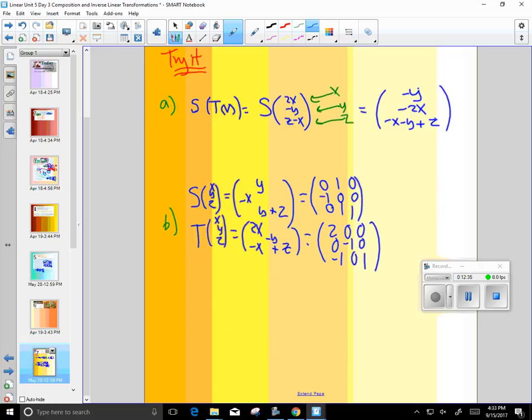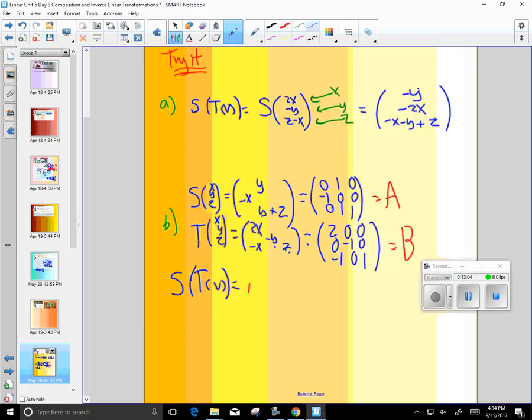Okay? And then when I take the composition S of T of V, we saw earlier that that's the same as multiplying the standard matrices together, S and T, or I think they called these matrix A and matrix B of the standard.